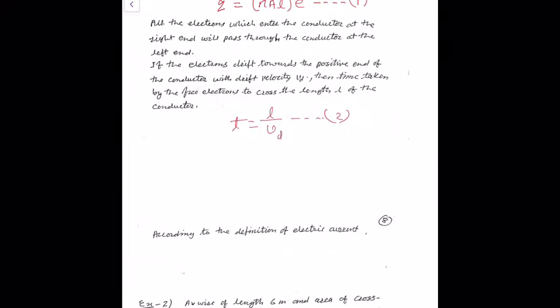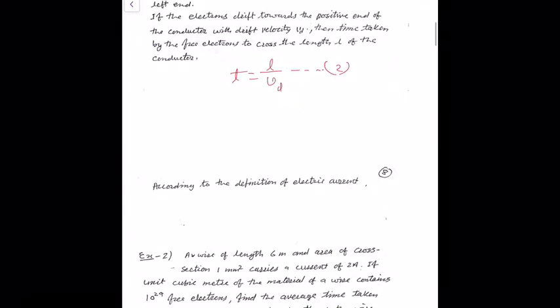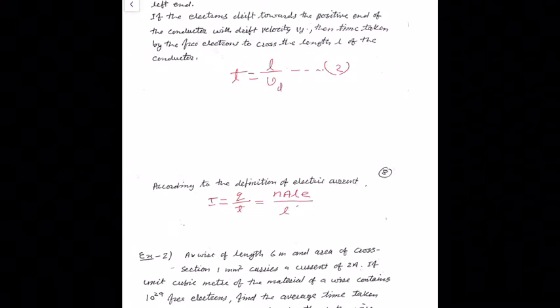According to the definition of electric current, I equal to Q upon t. So put the value of Q and t: n A L e upon L upon Vd.